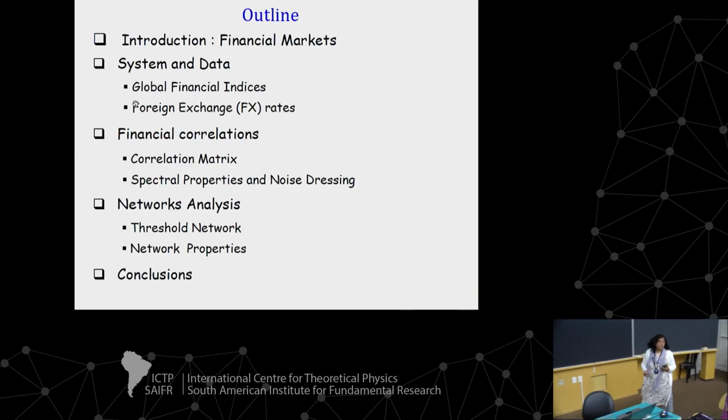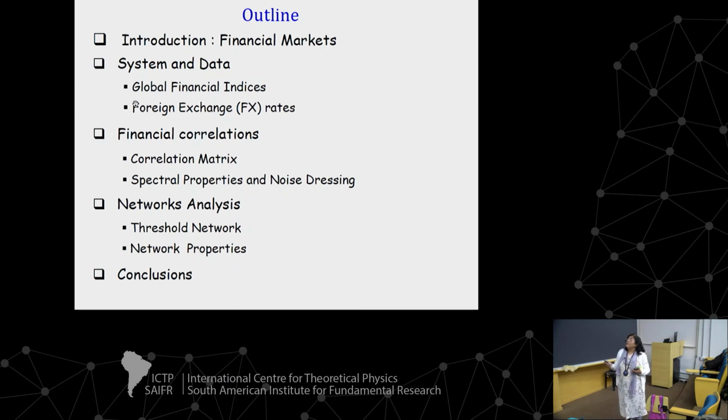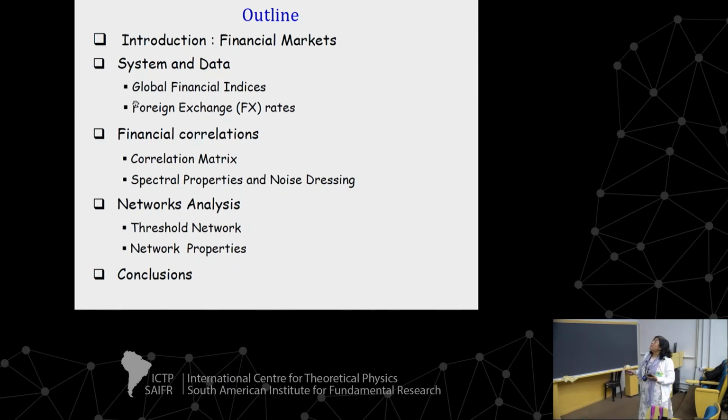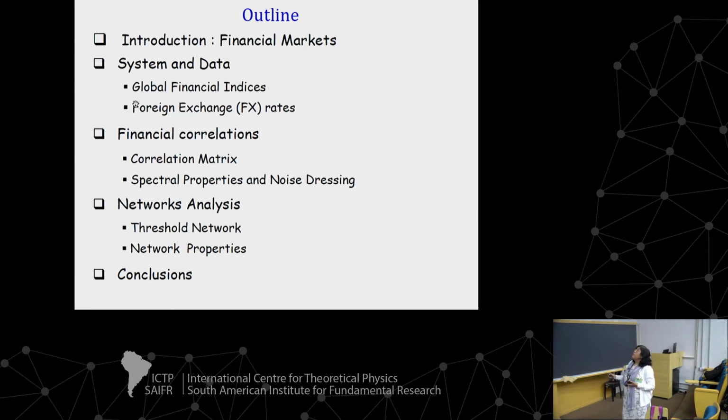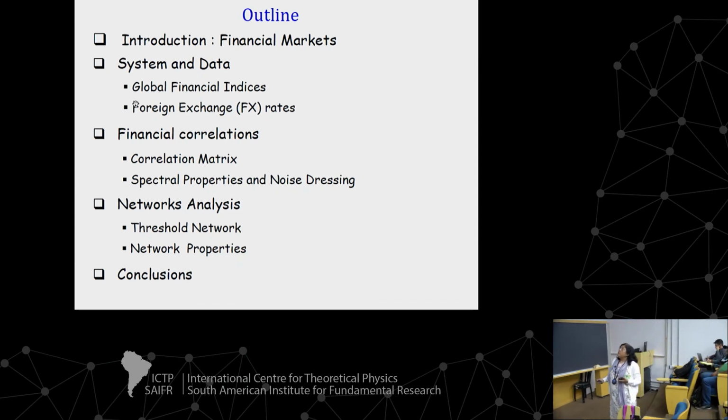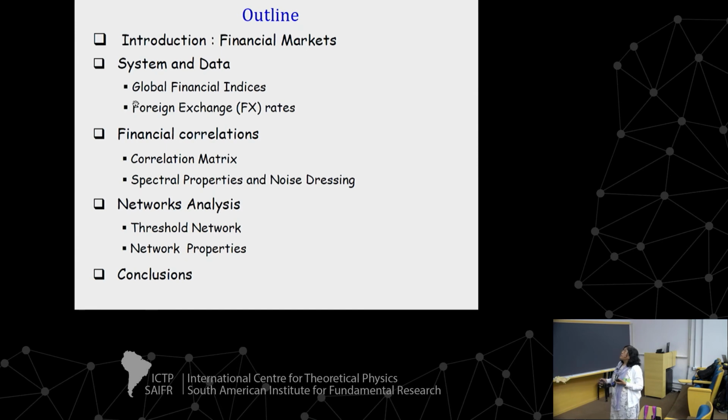Okay, so the outline of the talk will be the following. I hope I'll reach the end. With a brief introduction to financial markets, I'll go on to describing the system that I'll be studying and the data. I'll be studying two data sets, global financial indices and the foreign exchange rates. There I'll study the financial correlation matrices, the cross-correlation matrices, and find out their spectral properties.